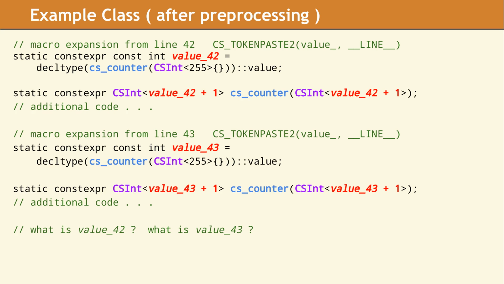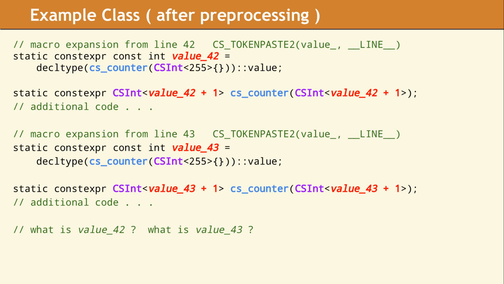Now, we declare a new overload of CSCounter. And since value 42 is 0, value 42 plus 1 is obviously 1. So we're declaring a new overload of CSCounter that takes a wrapped 1 and returns a wrapped 1.